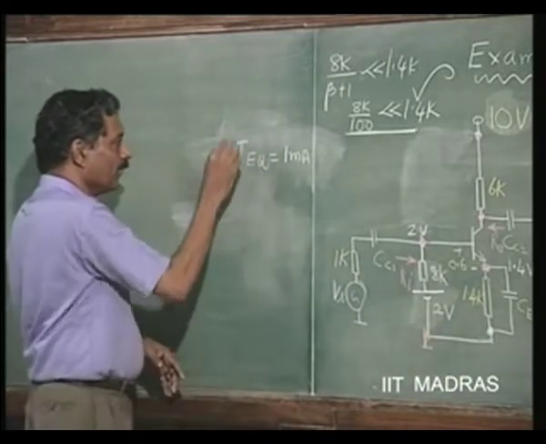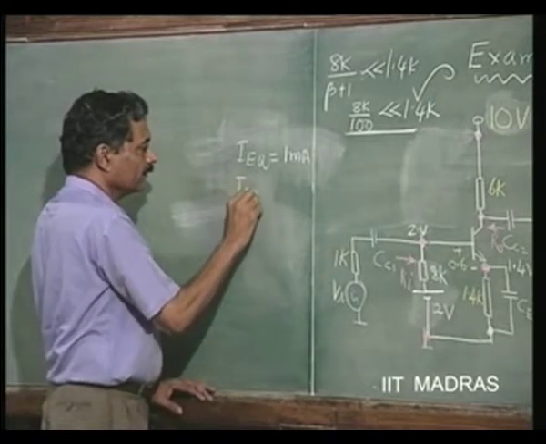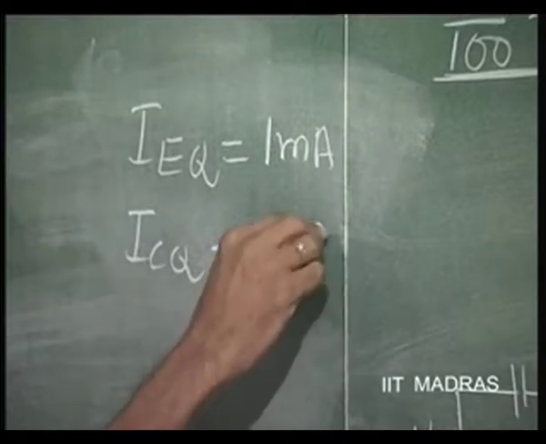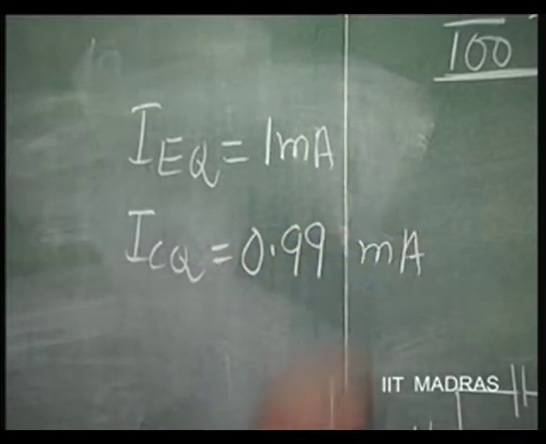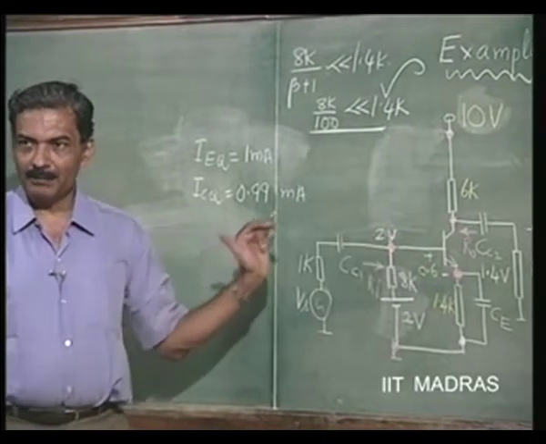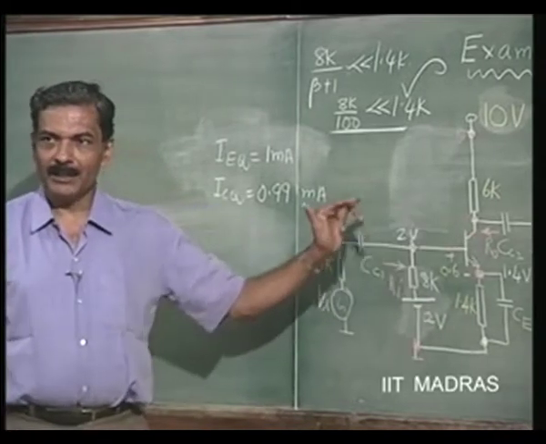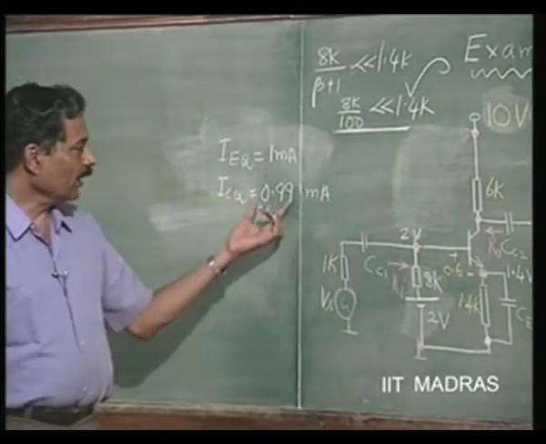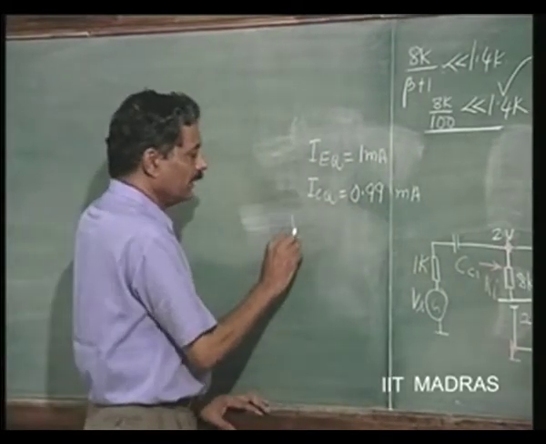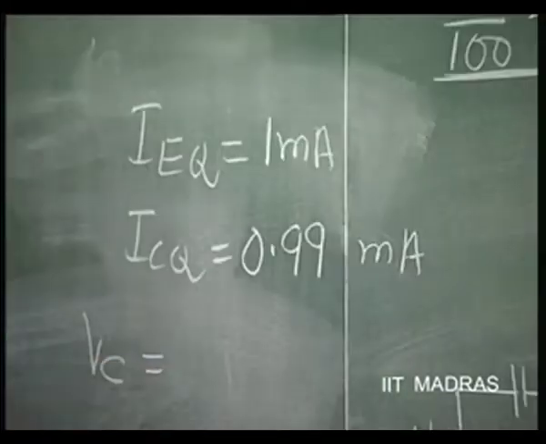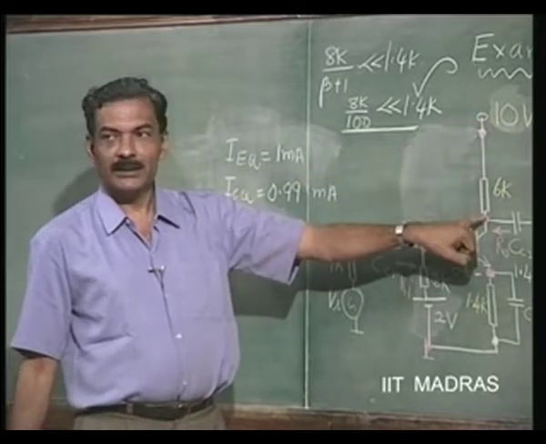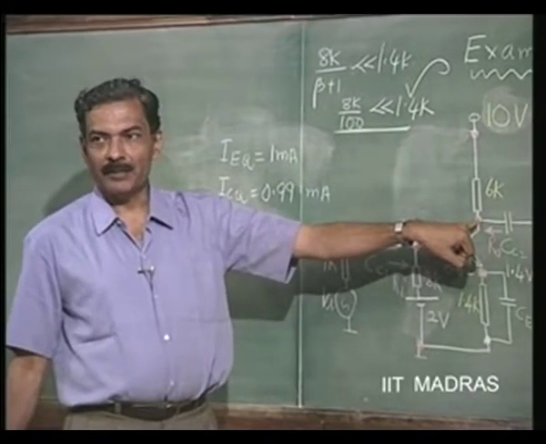So, now the operating point therefore is ICQ equal to alpha times IEQ, where alpha is beta divided by beta plus 1, 99 by 99 plus 1, that is 0.99. So ICQ is 0.99 milliamperes, and VC equals 10 volts minus 6K into 0.99 milliamperes.